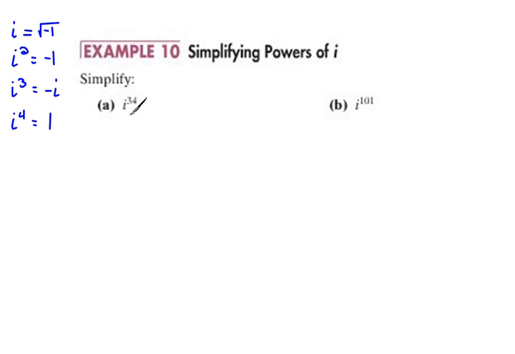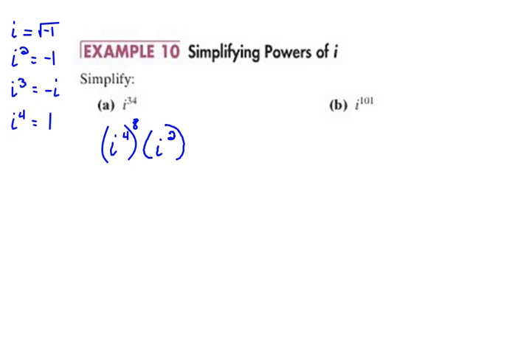We have to figure out how many i to the 4ths are in here, because every one of those is going to be a 1. So for instance, I could break this down into i to the 4th times i to the 4th times i to the 4th, and so on and so forth. Actually, I could do that 8 times, because i to the 4th raised to the 8th would be i to the 32nd. I'd still have 2 more left over.